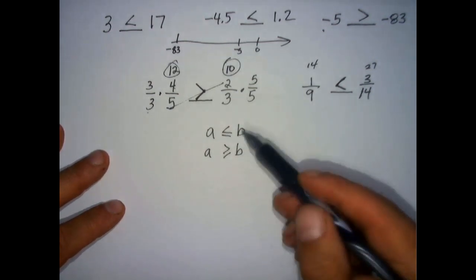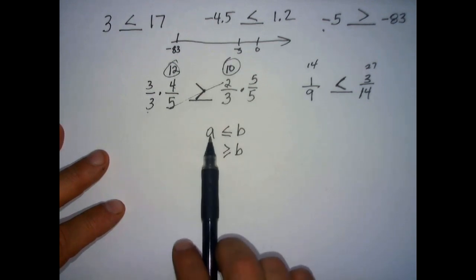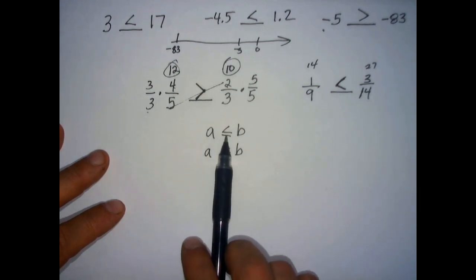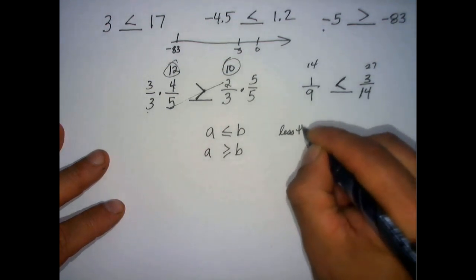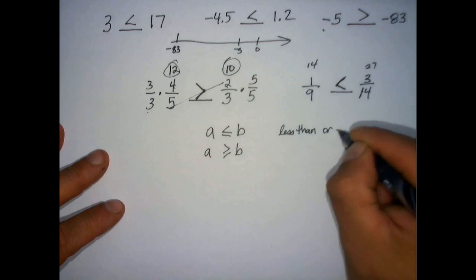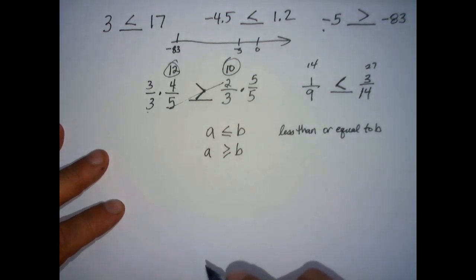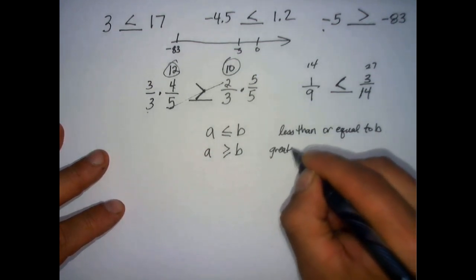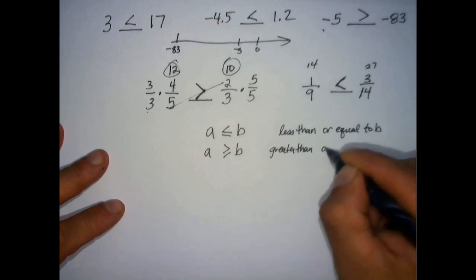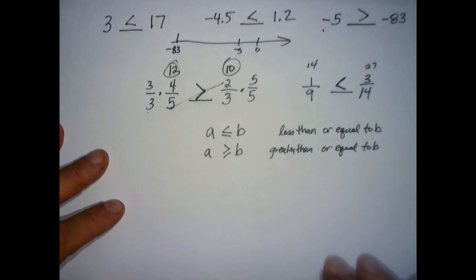If we're comparing these two numbers and we see this sign like this, this means A is either less than or equal to B. So if they're the same, these symbols make it true. A is greater than or equal to B. Okay.